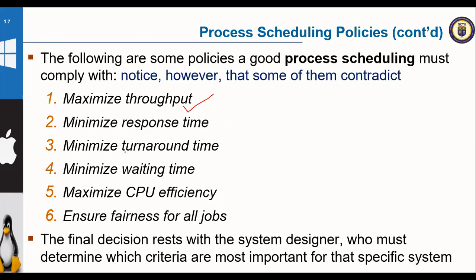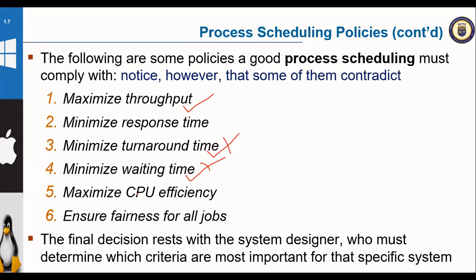Also, to minimize the turnaround time. The turnaround time, we are going to look at this in detail. That is how much time it takes to complete all the jobs in the CPU or on the main memory. Also, to minimize the waiting time, how much time a process waits in order to gain access to the CPU.